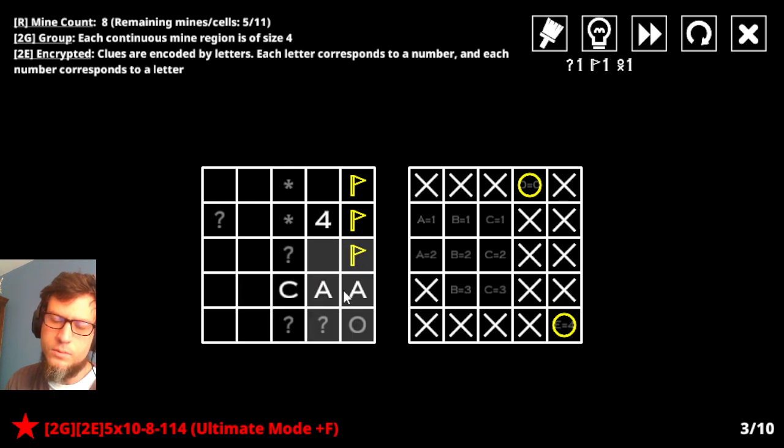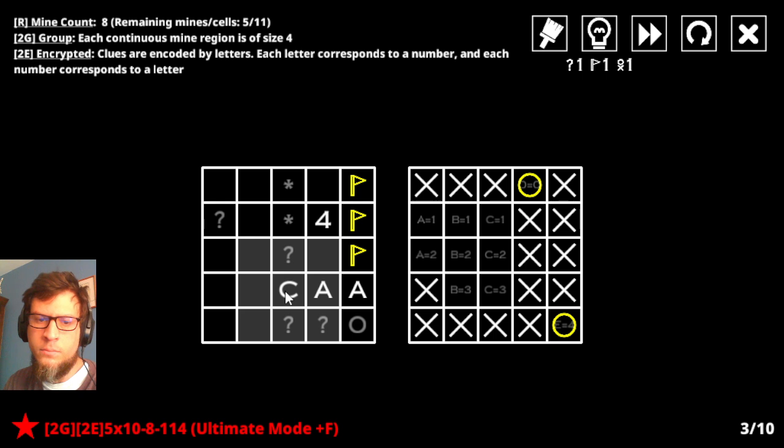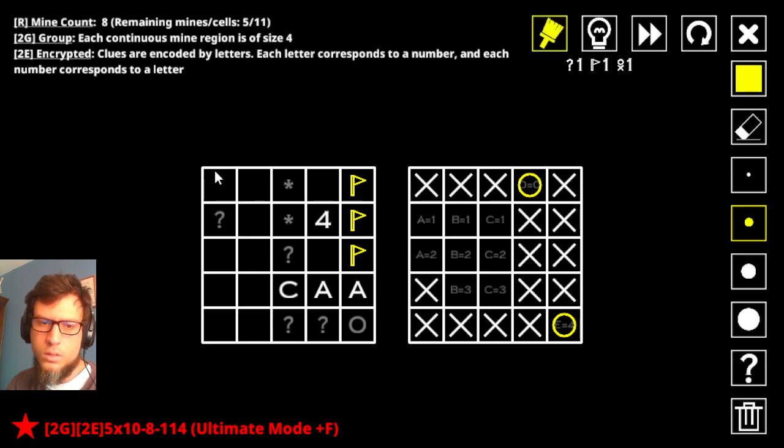Oh, this is at least a mine. I don't see any reason why A couldn't be 1. But they're making it so, oh yeah, okay. C. Alright, it could be like this, if C is like, oh wait, hold on. If this is a mine, then this has to travel all the way over to here, right?